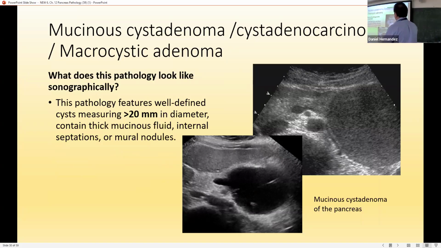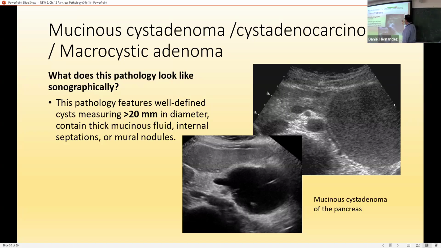So what does it look like? The pathology features a well-defined cyst measuring greater than 2 centimeters, 20 millimeters. It contains a thick mucinous fluid with internal septations. So we see that large cystic structure. We can see septations in it that make it look like smaller cysts within a cyst. It's filled with this mucinous fluid, so it may not be nice and anechoic like that.